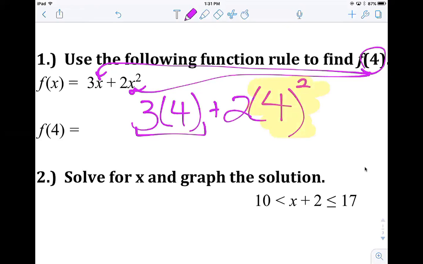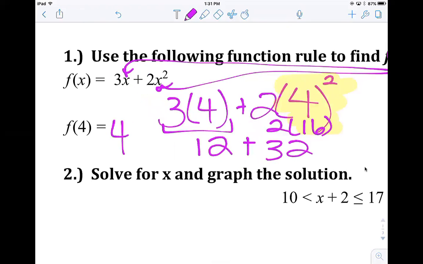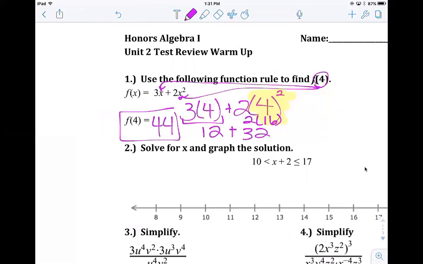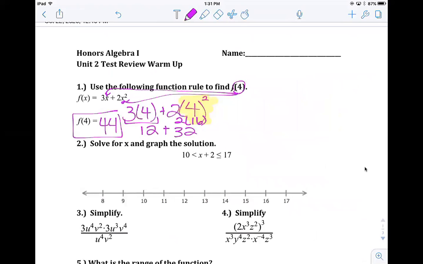So 3 times 4 is 12. And then this will give us 2 times 16, which will give us 32. And then when we add them together, we end up with 44. And then that is it. You're just plugging in those numbers in for x.